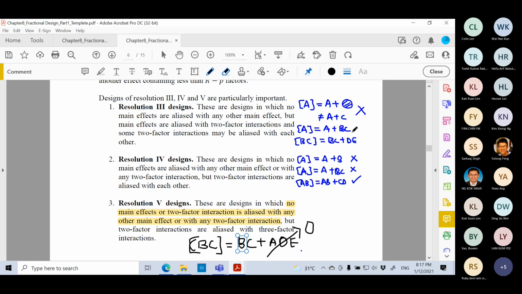So this is the question mark here. But for the three-factor, four-factor and onward, most of the time we make the assumption that they are not really very important. But up to the two-factor interaction, we still maintain it. Okay, so this mentions what the resolution is for each case.